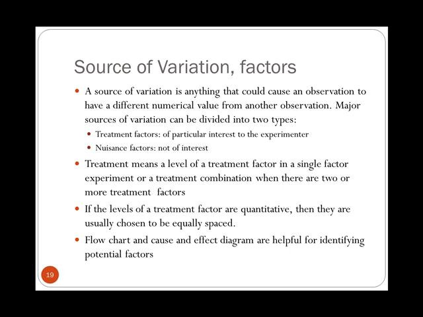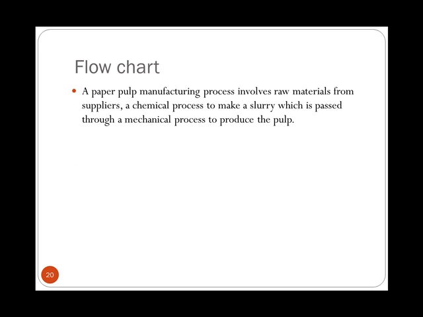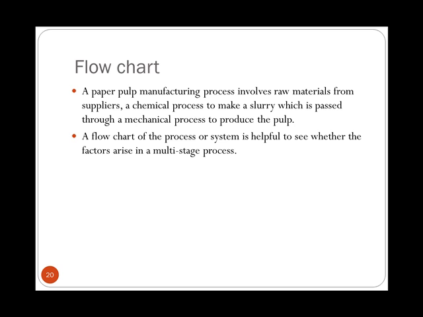Flowcharts and cause and effect diagrams are very helpful for identifying potential factors. For instance, a paperboard manufacturing process involves raw materials from suppliers, a chemical process to make a slurry, which is passed through a mechanical process to produce the pulp.